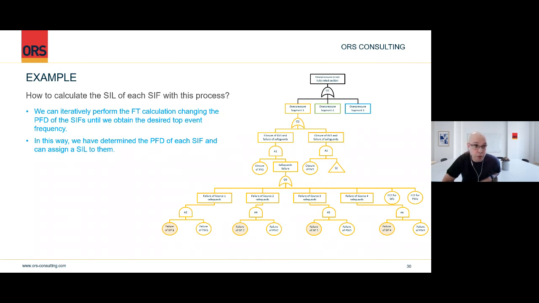However, an operator may have its own numbers, right? So for example, I don't want to say names of companies, but different major operators in oil and gas do have their own numbers for what they consider acceptable for safety, for environment, and for money. How do you select these?